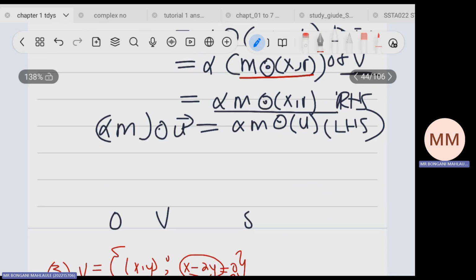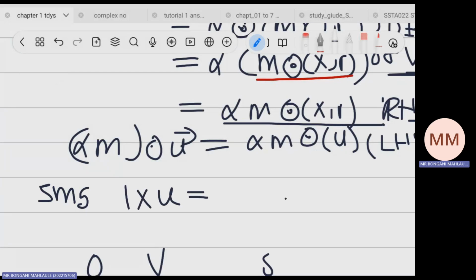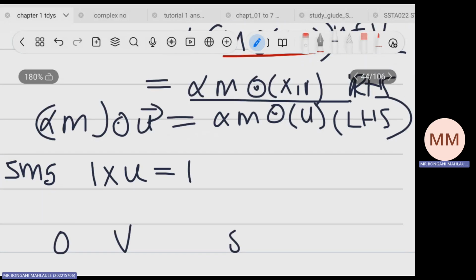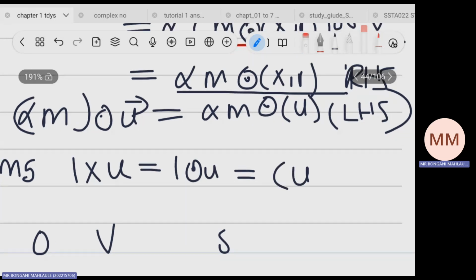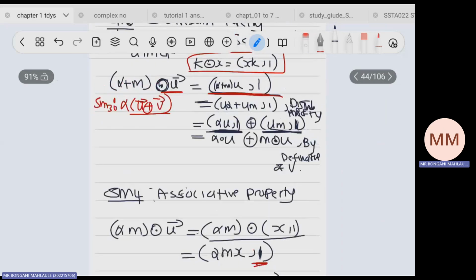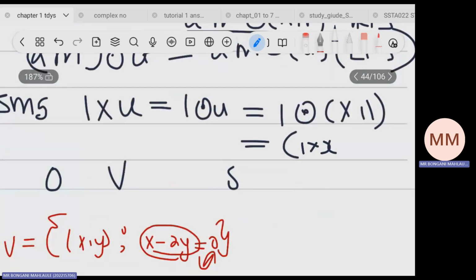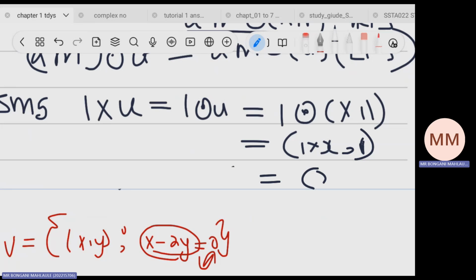So we can further continue to check for the last axiom SM5, which will be 1 times u, but we know that this one will just be, our value of u is x1, and this will just give us 1 times x, comma 1, then this will just be x1, and this is just u.